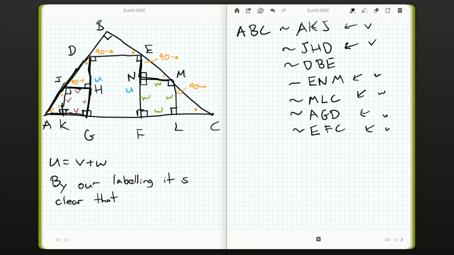I don't have a use for him right now, but all these other ones have W's and U's and V's in various places. So I'm wondering if we can get some ratios going on here.